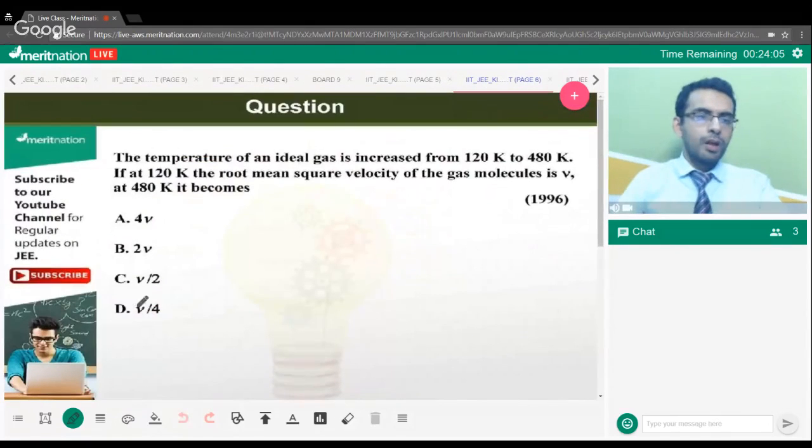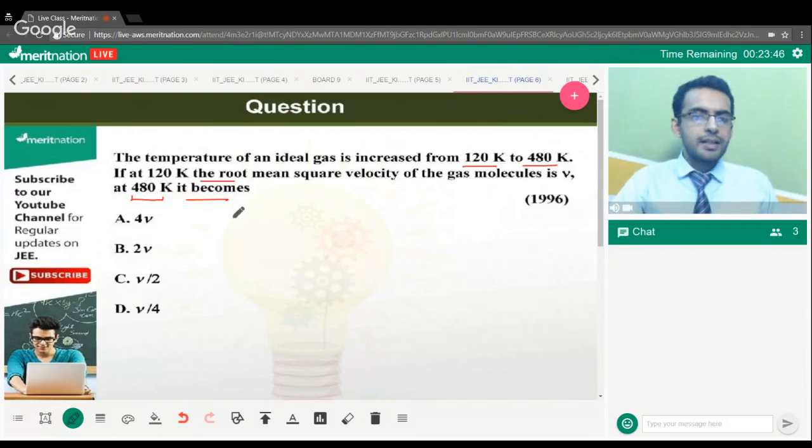Now, the temperature of an ideal gas is increased from 120 Kelvin to 480 Kelvin. If at 120 Kelvin the RMS speed is V, at 480 Kelvin it becomes what?